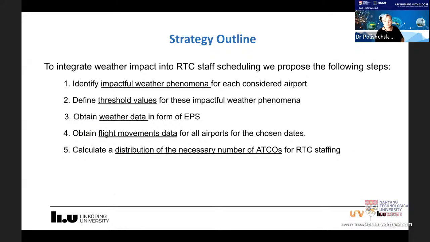We identified the impactful weather phenomena at each considered airport and also looked at threshold values for when to consider this weather to be impactful. We get the weather forecast in the form of EPS, the typical meteorological product, and then, combined with flight movements from historical data, we calculate the distribution of the necessary number of controllers with respect to the weather events.